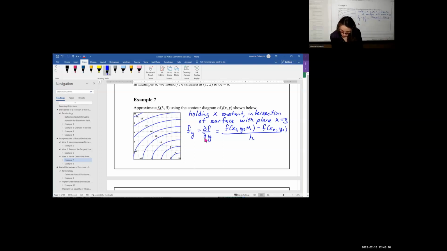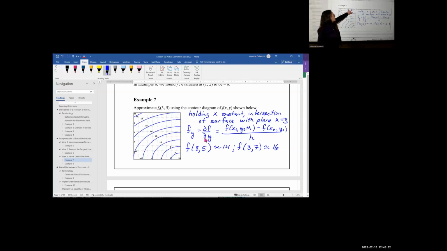So I'm holding x constant at 3, and I'm looking at f of 3, 5, which is about 14. And then another point, still holding x constant at 3, but at 7, it's about 16. Okay, so these are my values.